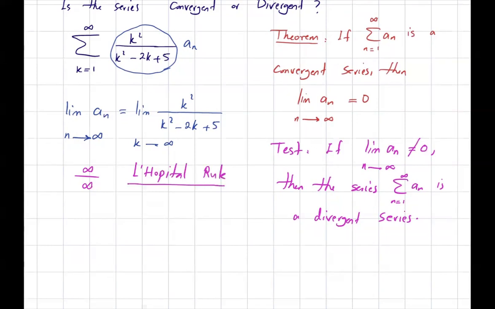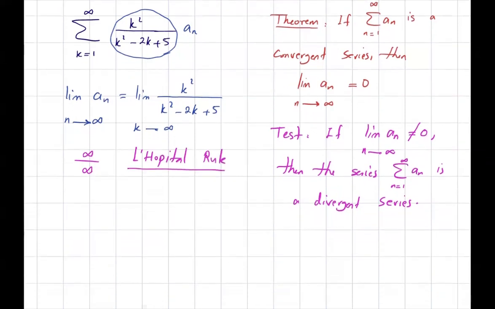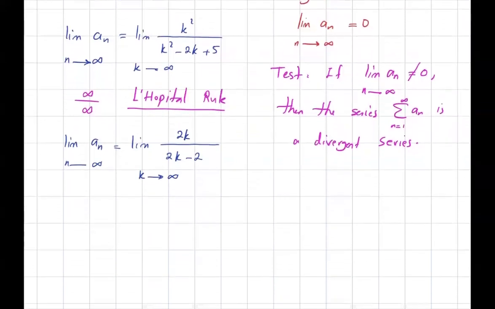This rule says you can take the derivative of the numerator, the derivative of the denominator, and the limit of a_n as n goes to infinity is equal to the limit of the derivative of k squared, which is 2k, divided by 2k minus 2 as k goes to infinity. But if you plug in infinity again, you get infinity over infinity. You can reapply L'Hopital's rule.